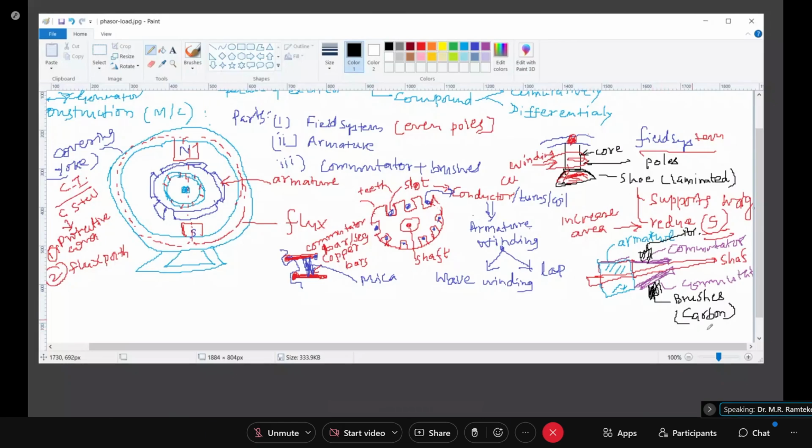And these brushes are used for collecting current or sending current. If it's a motor, we will be sending current. If it's a generator, we will be collecting current from the brushes. Clear?